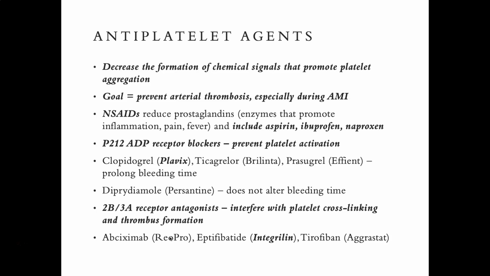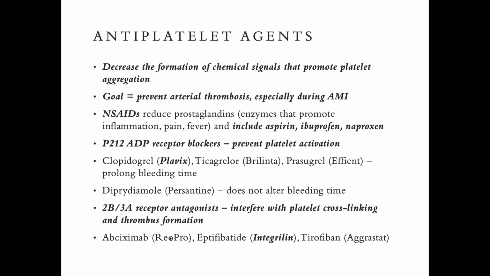And the one that I need you to know is Plavix. That is the most common one used, Plavix. It prolongs bleeding time. There is another one, Persantine. I didn't bold it here, but just FYI, sort of a piece of trivia, it doesn't alter bleeding time, and it's also used in cardiac stress testing.